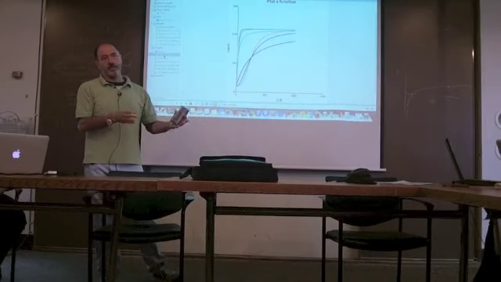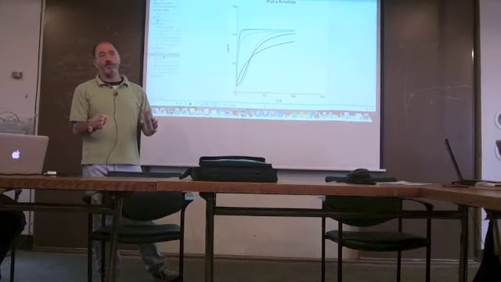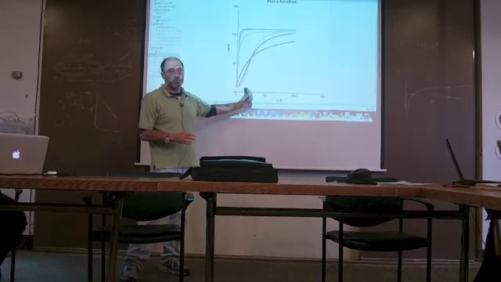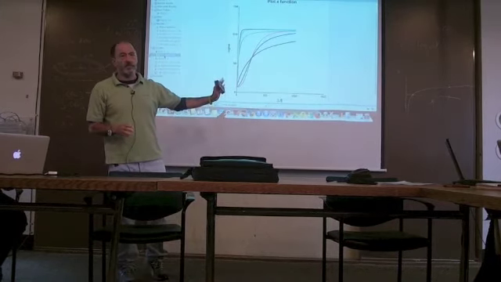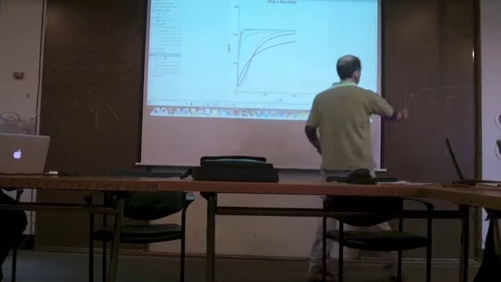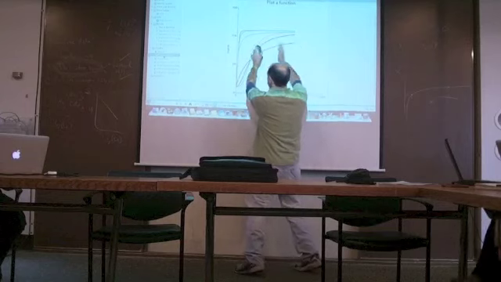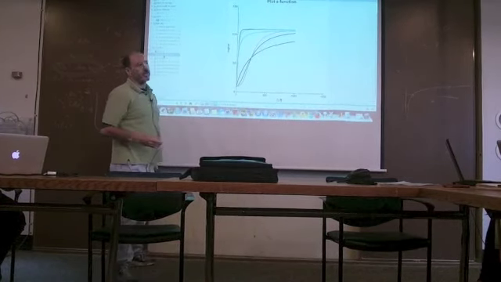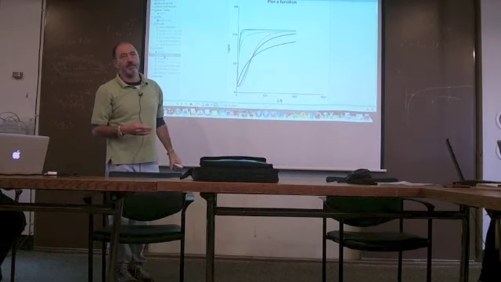You're going to find people plotting data on the logarithmic scale, and you've got to understand qualitatively what that means. The sigmoidicity in the linear scale means cooperativity. The sigmoidicity on the logarithmic scale means nothing. Because even the hyperbolic function, when you do this logarithmic transformation, this part of the curve gets compressed, this part of the curve gets spread out, and that induces a sigmoidal shape in even the hyperbolic plot.